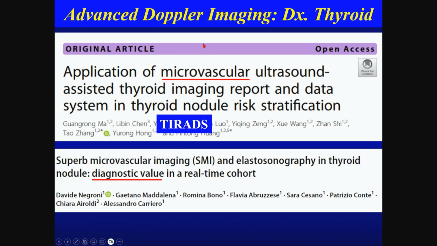As we know, this advanced Doppler imaging is very useful for diagnosis of thyroid tumors. Many articles are published about the diagnostic issue.